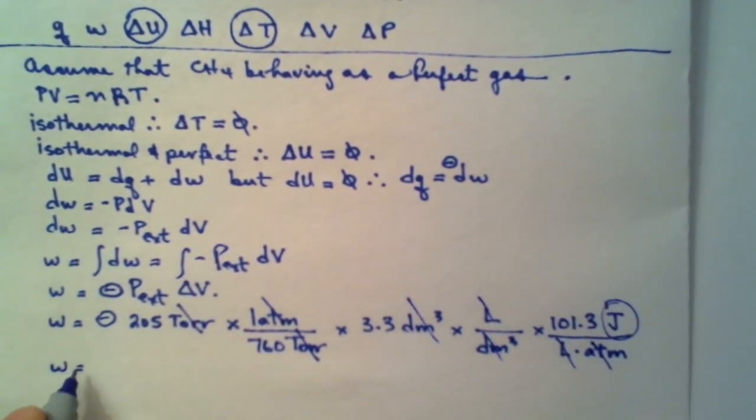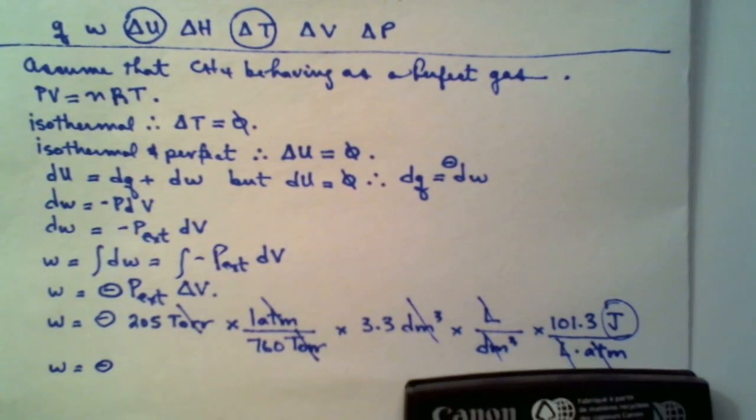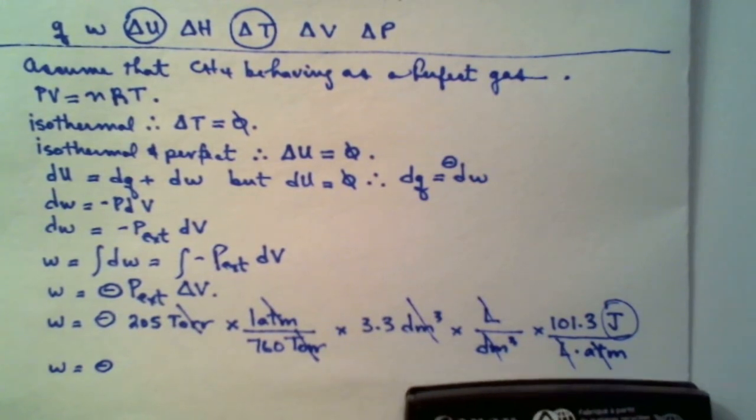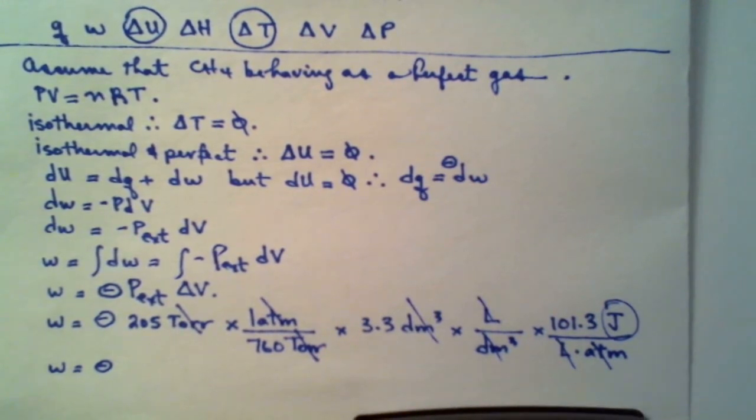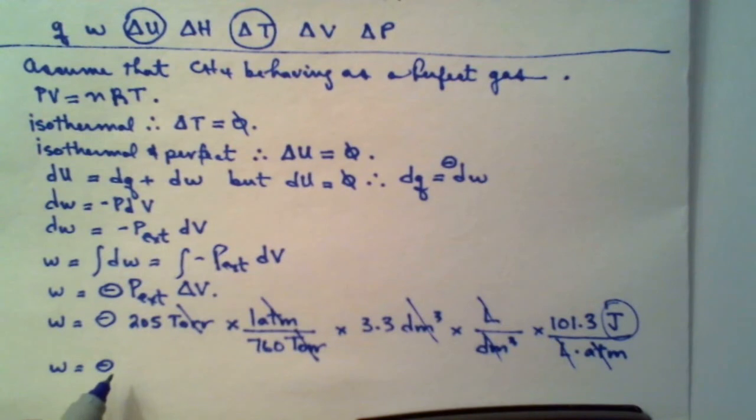And so work is equal to a minus, now whatever this is, and so we'll get our calculator out. And you can do this along with us. That's 205 times 3.3 times 101.3 divided by 760, and that's the only thing on the bottom. I get a minus 90.17.